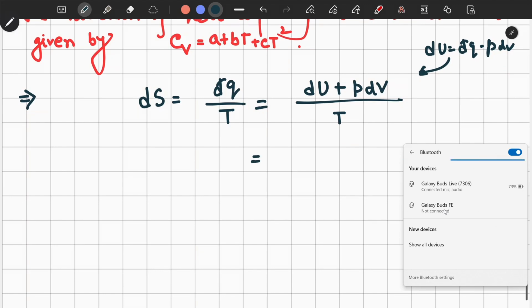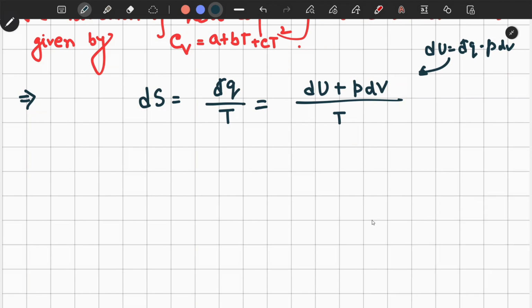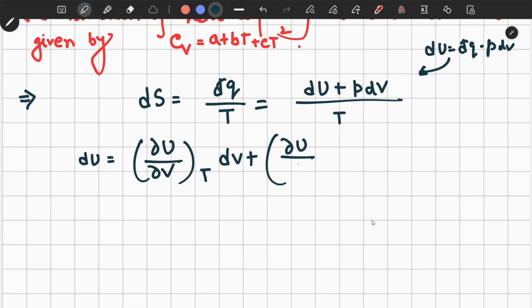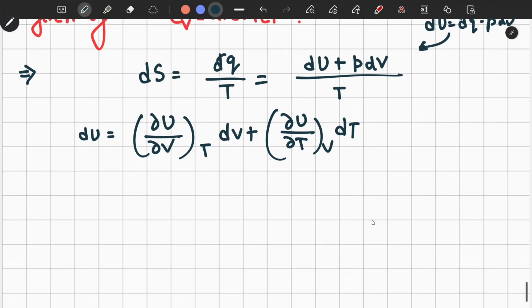And du is CvdT, that is also for ideal gas. Yes, but the expression is only different. Cv is given. This is du, and this is Cv dT, but this part is zero for ideal gas.